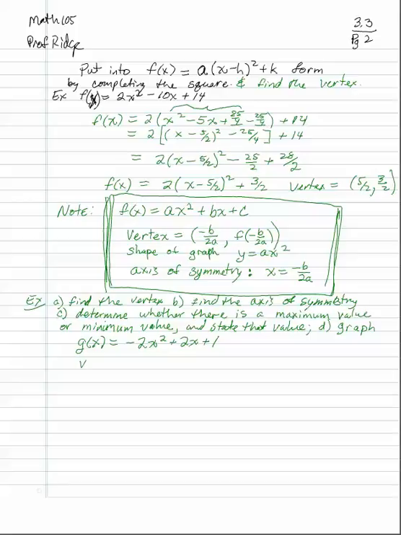So my vertex is going to be (minus b over 2a, f of minus b over 2a). The h coordinate, if I'm using the other notation, is minus b over 2a.